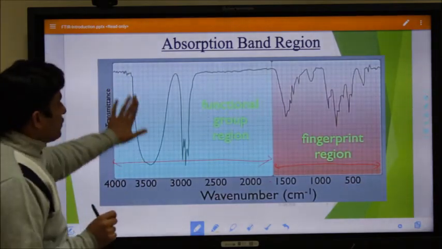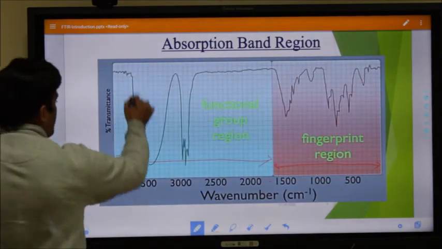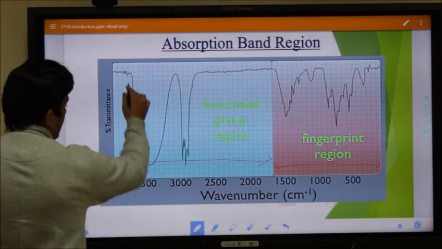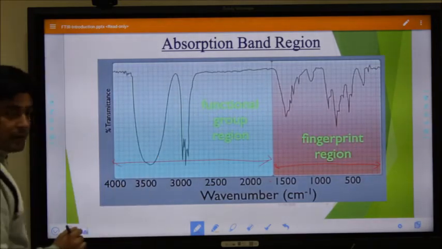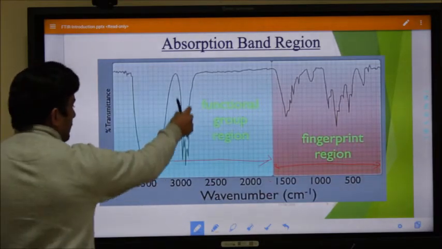See, peaks are of 2-3 types. First one, as you can see here, this peak is a very big and broad peak. And this peak is tapering.